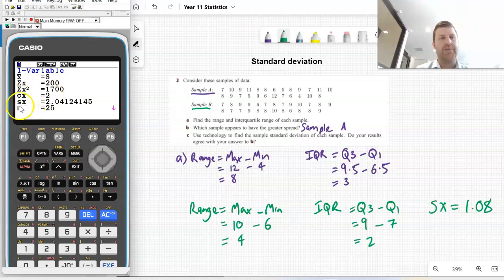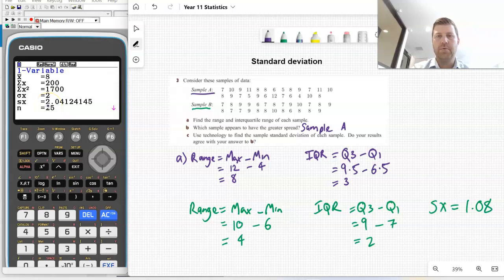The sample standard deviation is the one we're looking at here, which is 2.04. So for sample A, standard deviation is equal to 2.04. And then again, we can compare these two values. The higher the number, the greater the spread of data. The lower the number, the more consistent the data is, or the closer those values are to the mean.